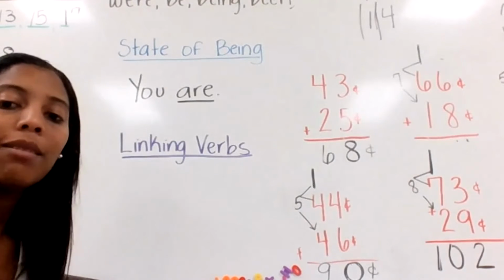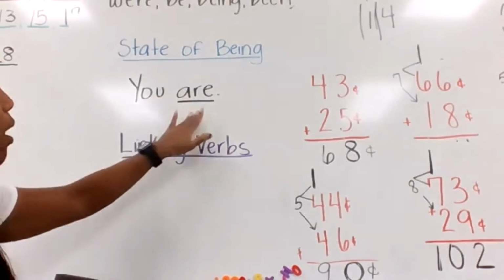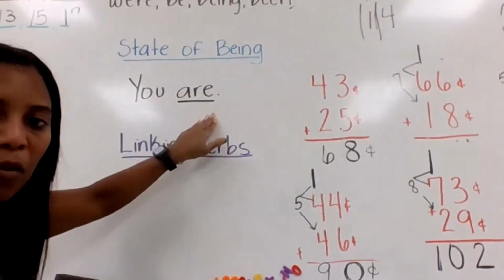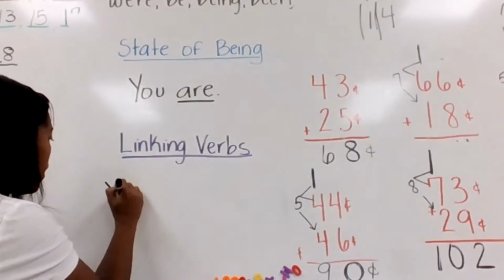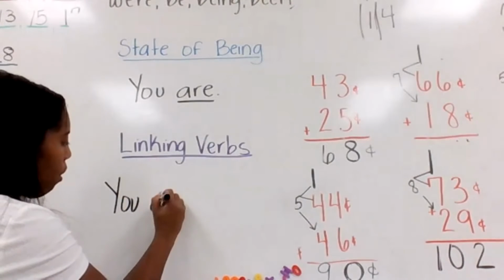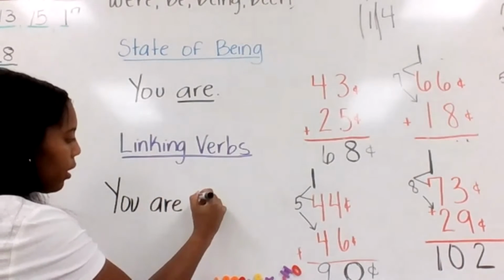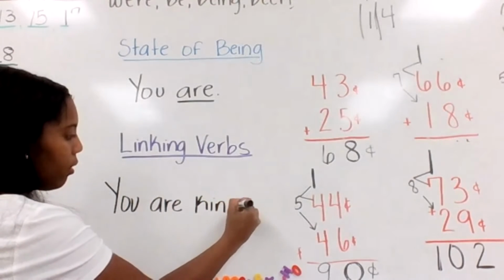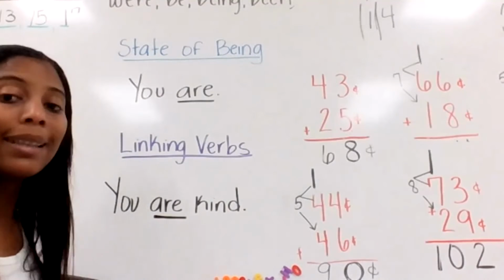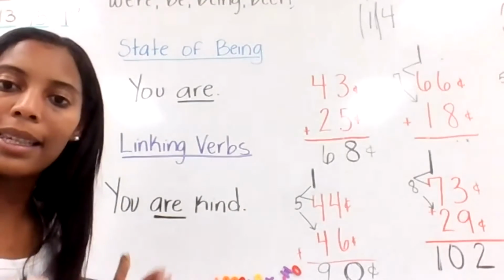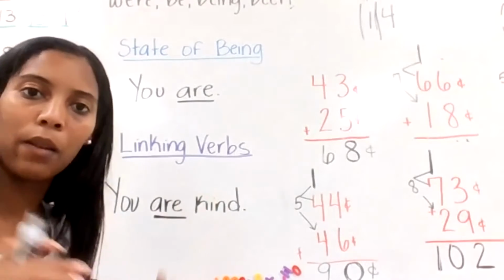All right. So now I will take this you are and I will change are from state of being to a linking verb. So I will say you are kind. Now are has become a linking verb. It is linking two parts of the sentence together.